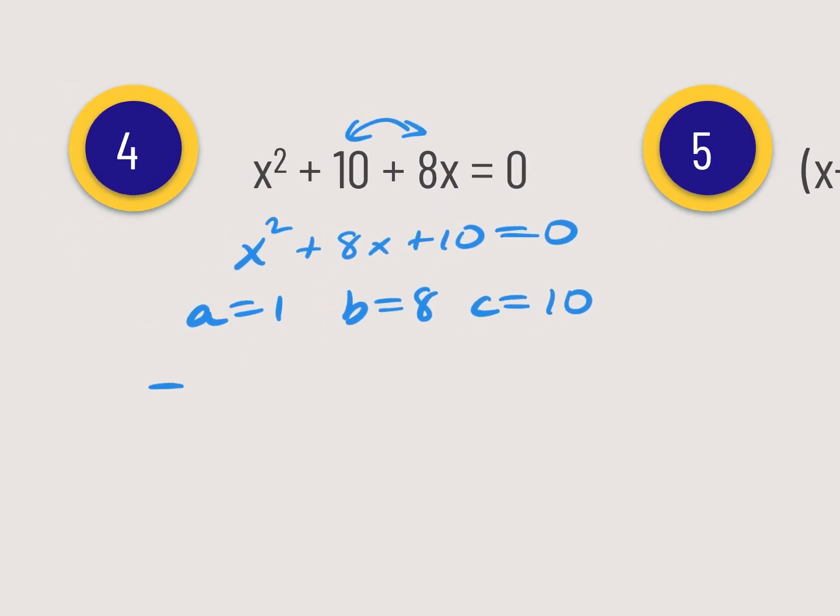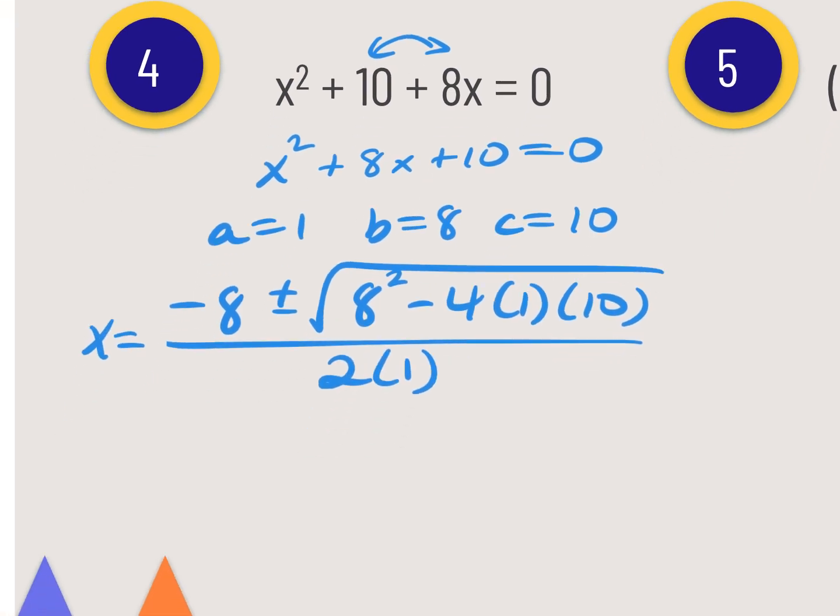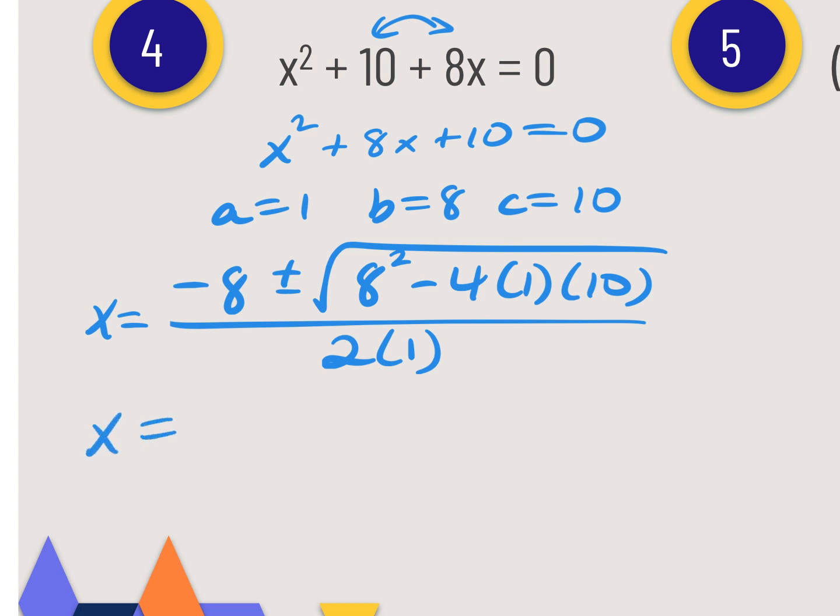So opposite of B, negative 8 plus or minus the square root of 8 squared minus 4AC, all under the radical, divided by 2 times A. Simplify what's under the square root symbol. 8 squared is 64. Negative 4 times positive 1 times positive 10 is negative 40.